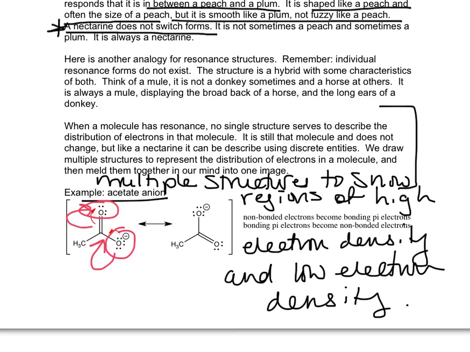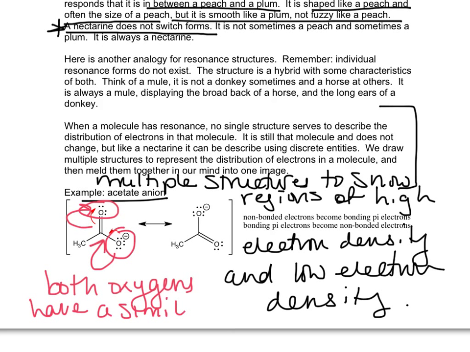So that if you were to look at an electrostatic potential map, you would see that both oxygens have a similar electron density.